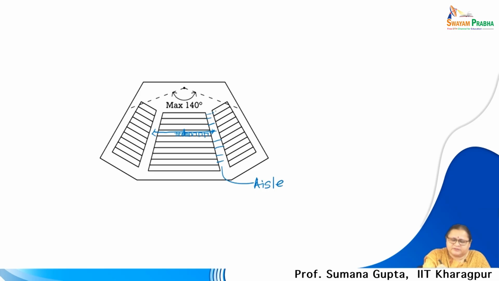Similarly, on these smaller things where they can come out in 2 directions, no more than 7 people or 7 chairs can be put. Now, in this case you remember the chairs are fixed.